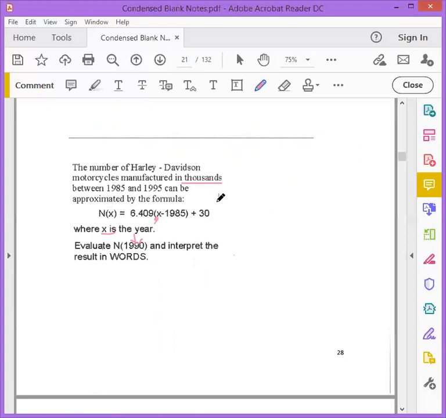So let's find the value of the function first, N of 1990. N of 1990 equals 6.409, and in parentheses, we have x minus 1985, or 1990 minus 1985, plus 30.